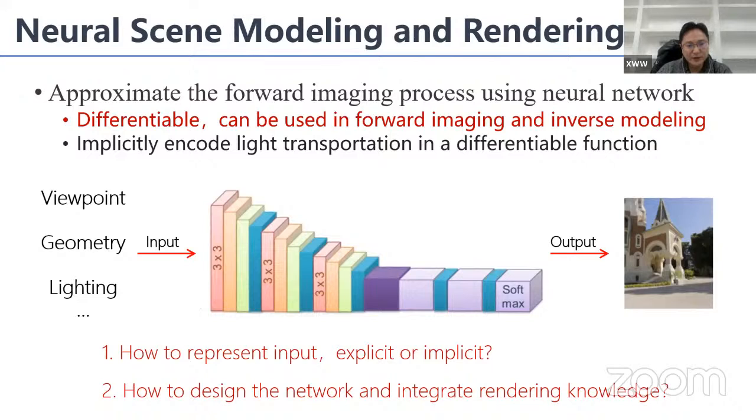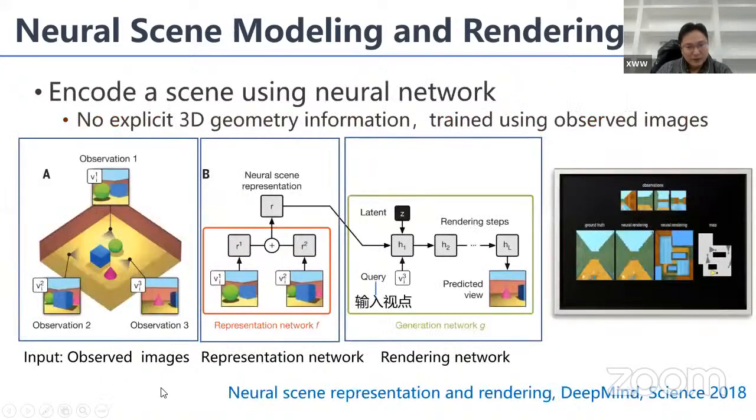How do we represent the input, using an explicit way or an implicit way? Second is how to design the network and how to integrate the rendering knowledge that has already been developed in computer graphics into neural rendering. The term neural rendering actually started from a Science paper from DeepMind in 2018.